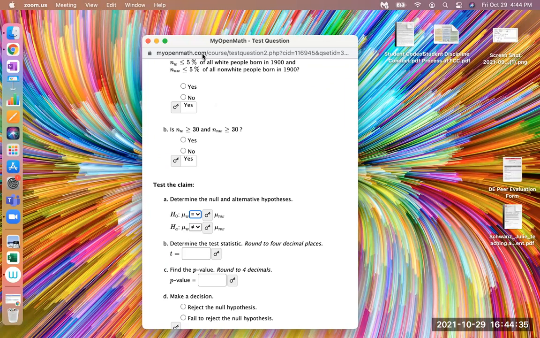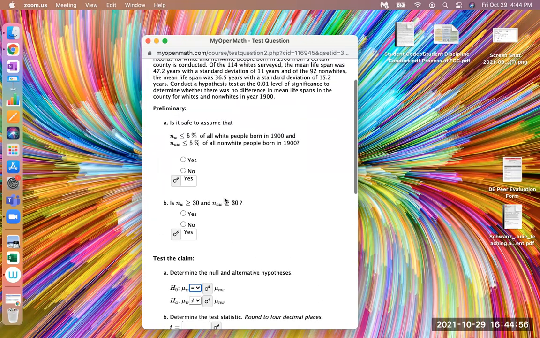So I'm going to call the white population my population 1, and the other population my population 2. That doesn't matter so much here because it's just a not equal test, but it will matter later if this was a greater than or less than test.